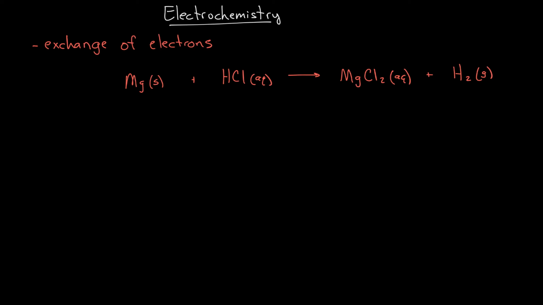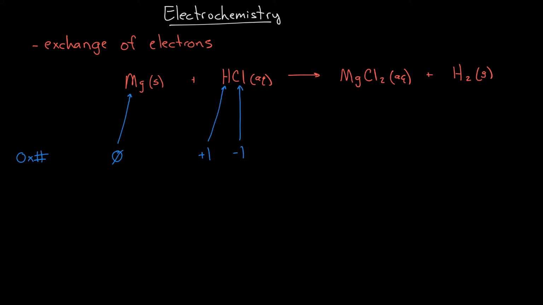So let's look at magnesium here. By definition, magnesium as a solid has an oxidation number, so let's write down oxidation number here, of 0. If we look at hydrogen here, it's with a non-metal, so hydrogen is going to be +1. That means that chlorine is going to be -1.